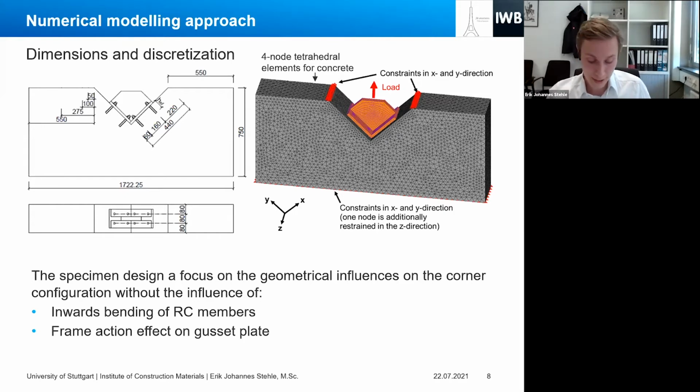The steel elements, so the gusset plate, the anchor bracket, and also the anchor rods, were modeled using 8-node hexahedral elements. And the complete connection is loaded displacement controlled by incrementally applying the displacement here on the top surface of the gusset plate.